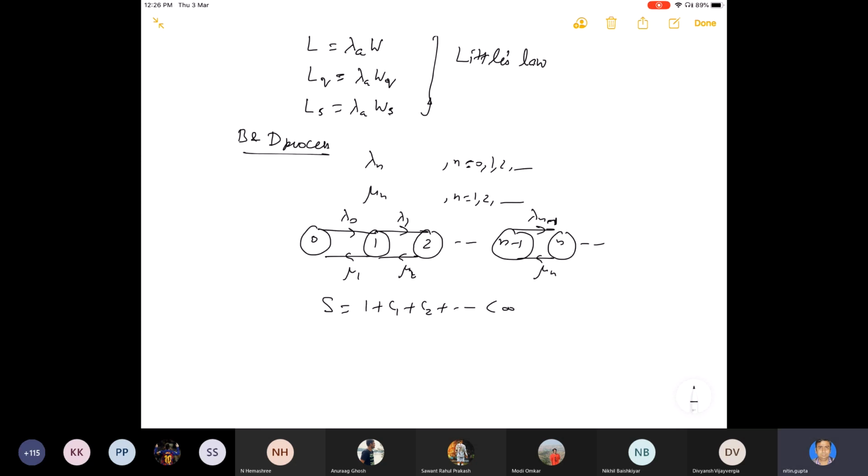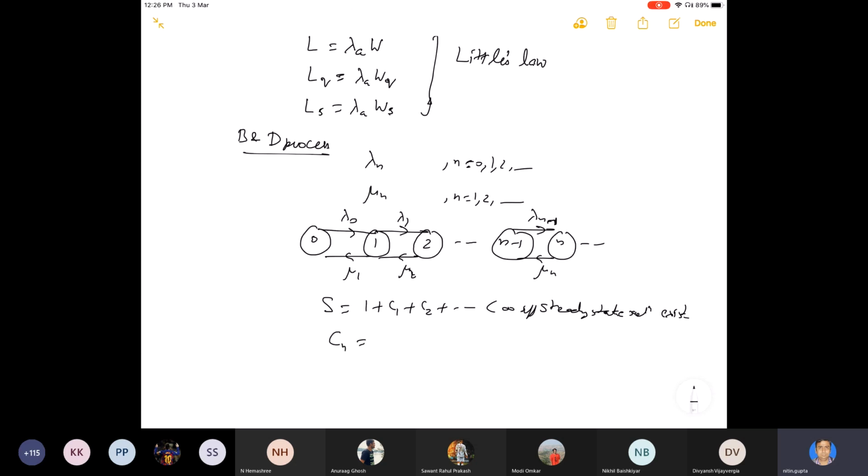Steady state solution exists if and only if S is finite.